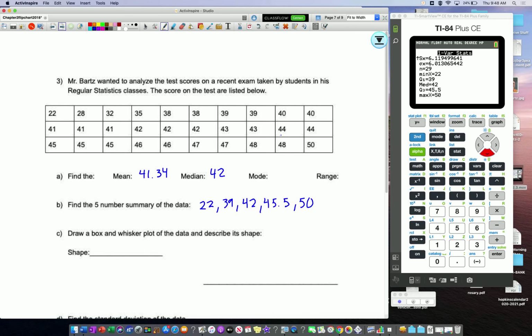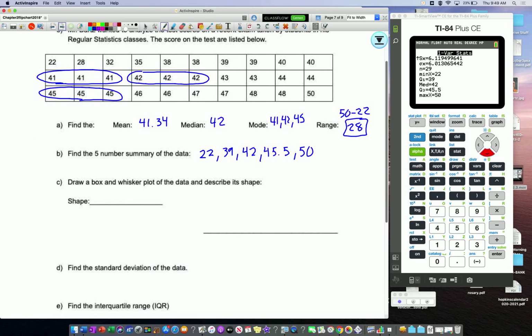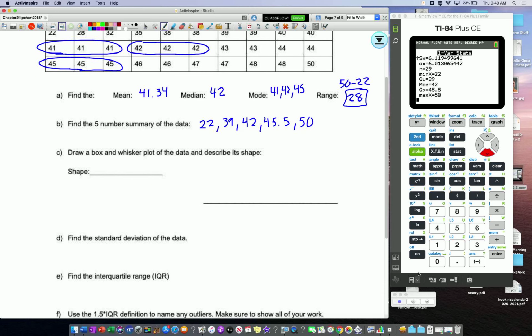So I have 2 40s, 3 41s, 3 42s, 2 43s, 2 44s, 3 45s, a couple 46. So I actually have 3 numbers, 41, 42, and 45. That one was a little bit easier since it was in order. Range again, max minus min, 50 minus 22, range of 28. So the test scores have a distance from lowest to highest of a total of 28 points.